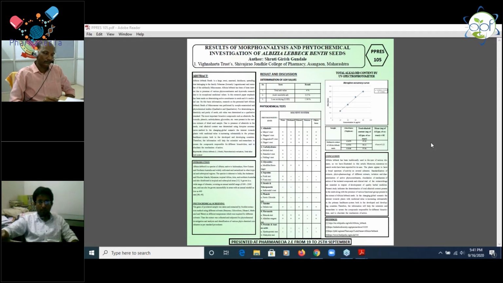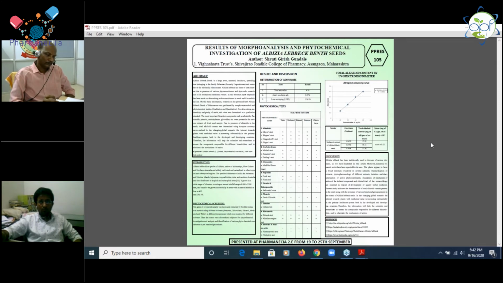The spectrophotometer used was from Shimadzu company. The atropine calibration curve determines the approximate value of alkaloid present in the seed. Initially, bromocresol green solution was used as an indicator against chloroform, which gives a color change that can be detected using the UV spectrophotometer.